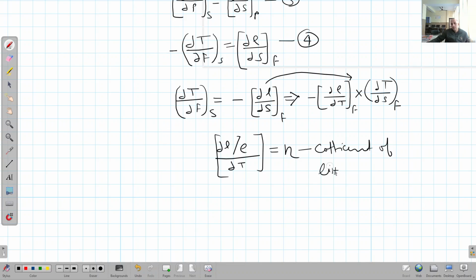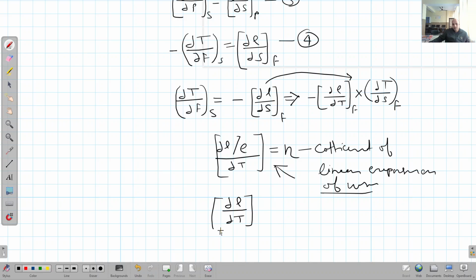This is from the knowledge of thermodynamics. So obviously ∂L/∂T will become L into eta, at constant F.